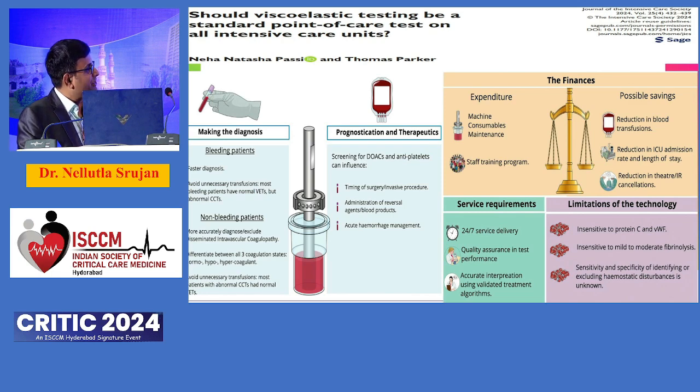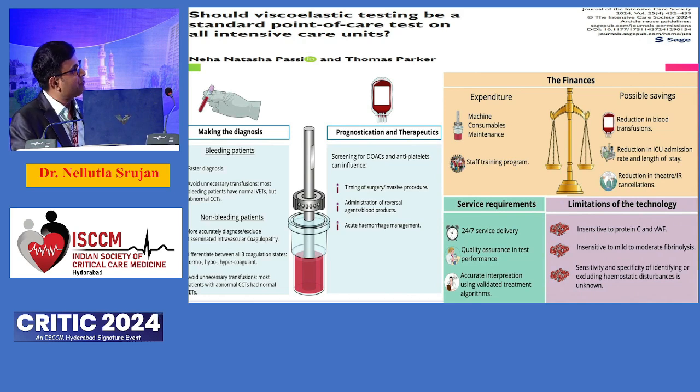For prognostication, screening for DOACs and antiplatelets can influence the timing of surgery, invasive procedures, and administration of reversal agents and acute hemorrhagic management. We need to balance between the expenditure and the possible savings. Definitely the machine consumable maintenance cost is high. The staff training program is robust.